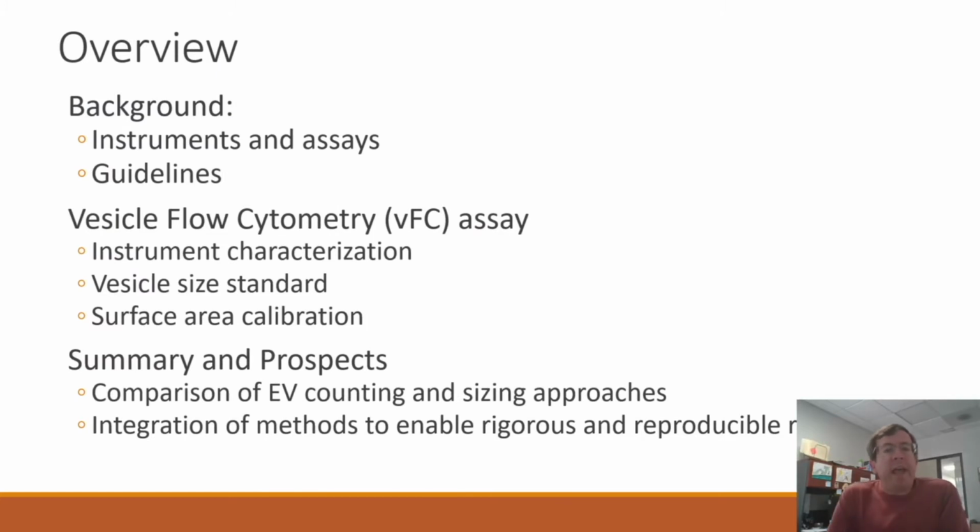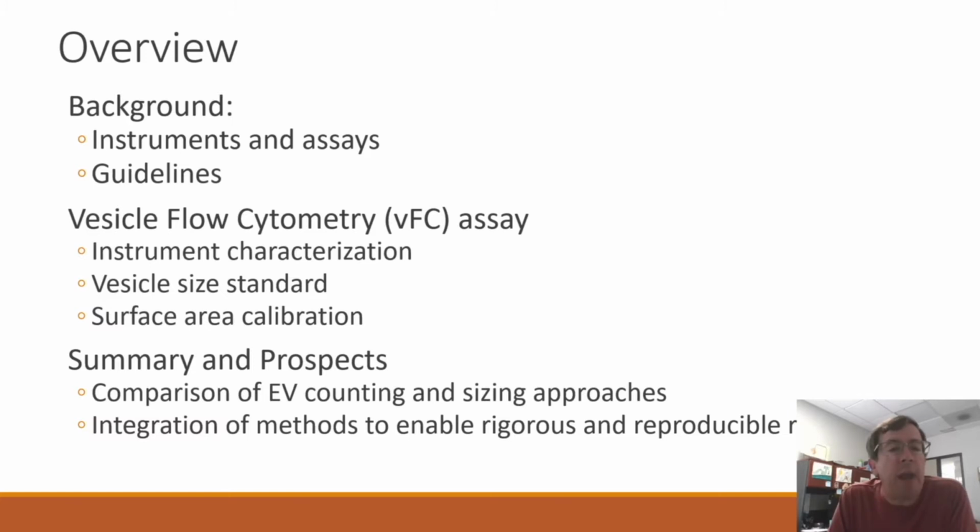What I'm going to tell you about today is, I'm going to give you a little bit of background. I'm going to emphasize the role of instruments and assays in vesicle analysis, and I'll highlight again the guidelines that have been recently produced for reporting EV flow cytometry methods and results. Then I'll describe the vesicle flow cytometry or VFC assay. I'll talk about characterizing the instrument in order to validate it for VFC.